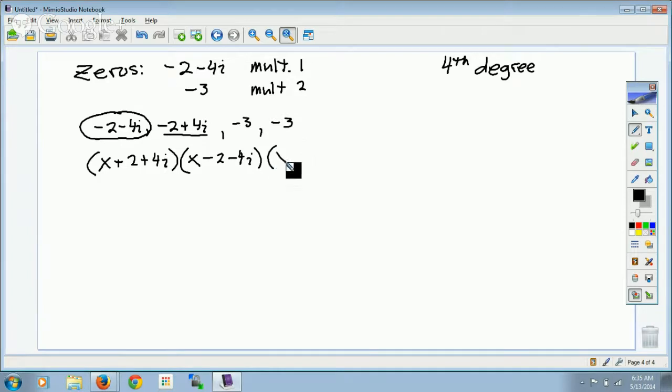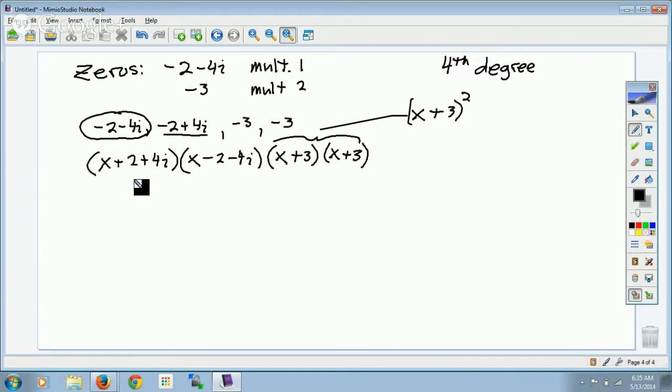Subtracting the -3, I get x plus 3, and then I get x plus 3 again. Now, for those of you who prefer to write these two as x plus 3 squared, if you have to multiply it out, you've got to put it back in this form right here, where it's x plus 3 times x plus 3. So that can be dangerous.